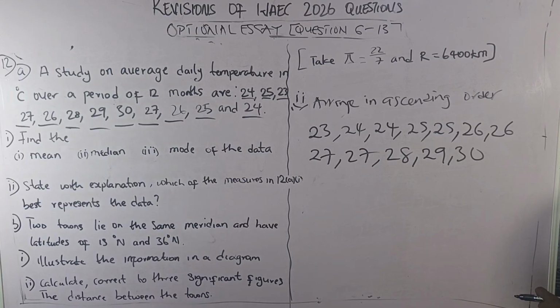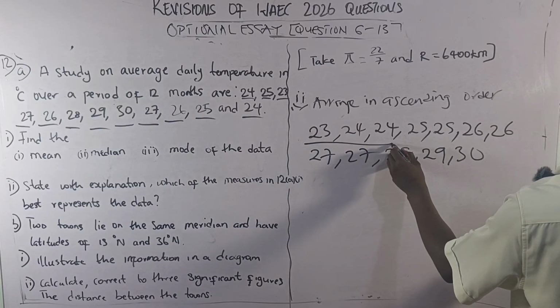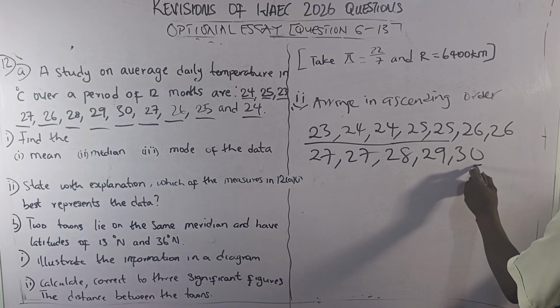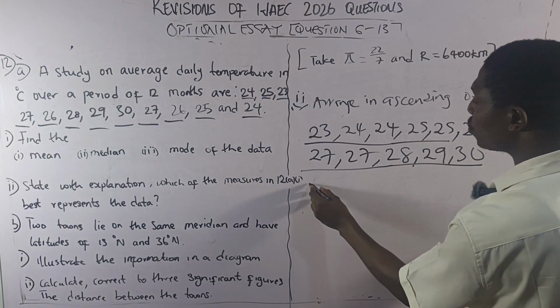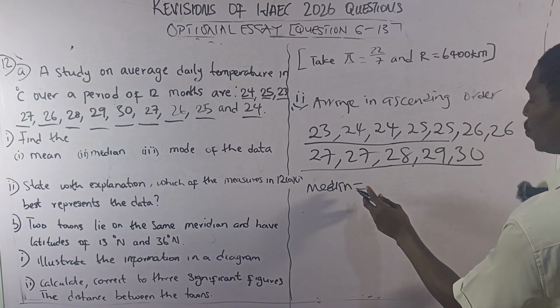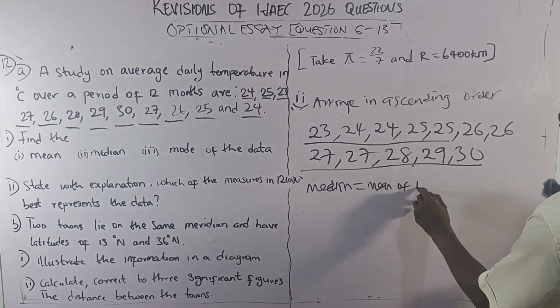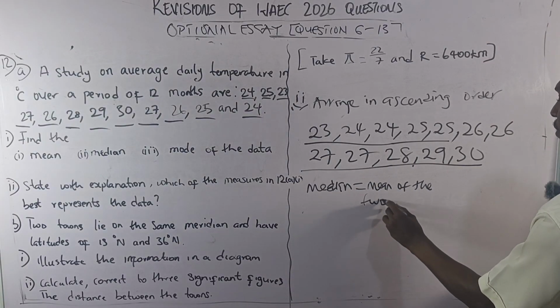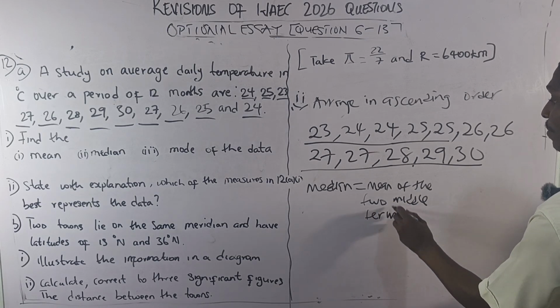So if I start cancelling from the front, out of 12, I can take out 5, and from the back I can also take out 5. So the middle terms are 26 and 26. So the median will be equal to the mean of the two middle terms. Mean, yes, same as average. Take note.